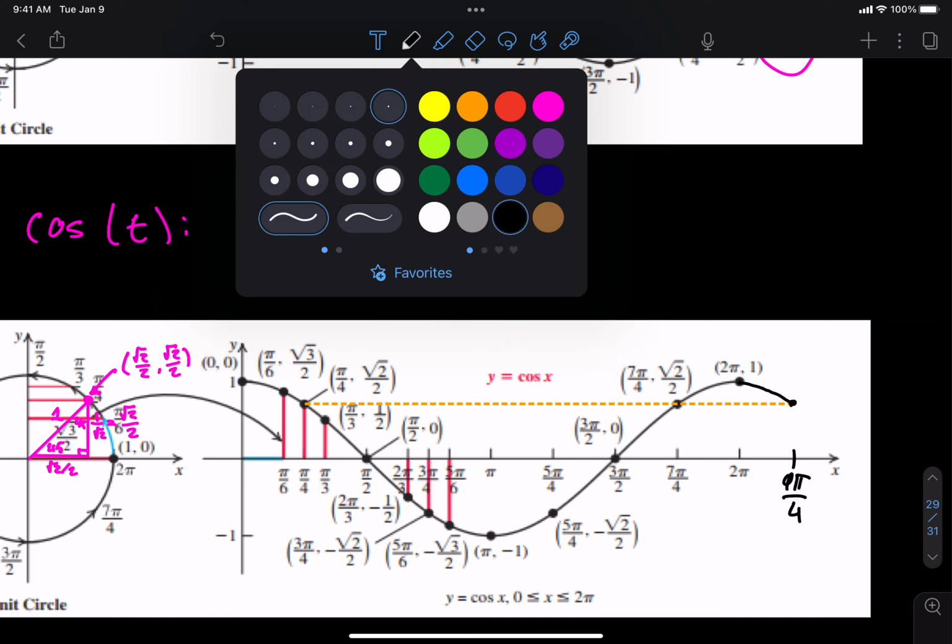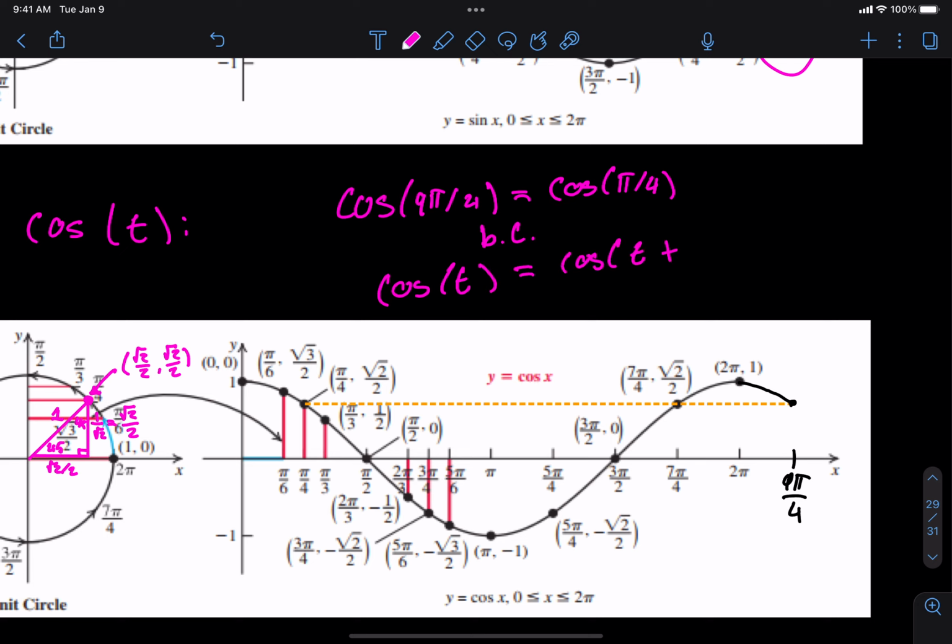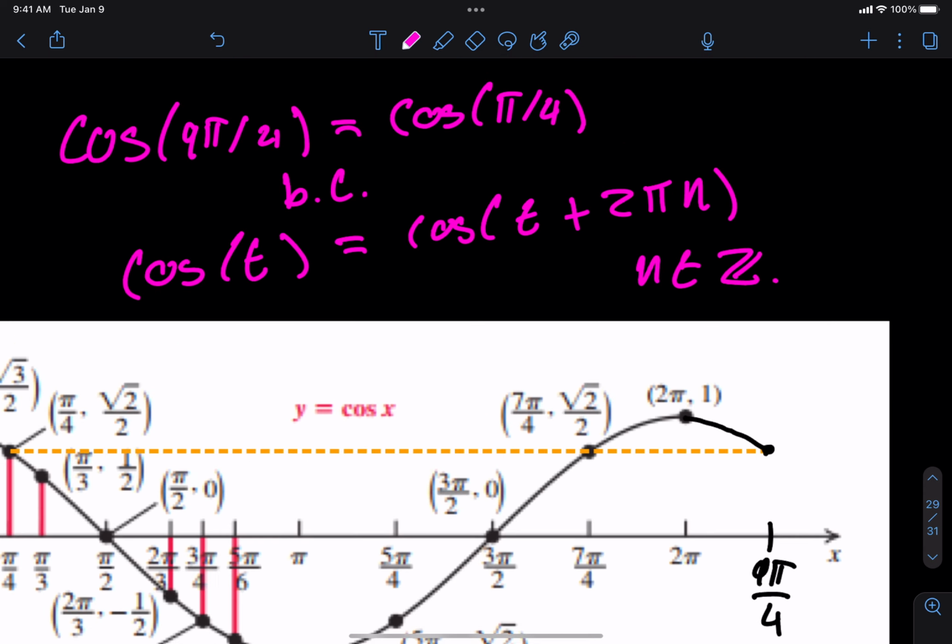So again, we have the same relationship, which is that cosine of 9 pi over 4 is equal to cosine of pi over 4. Why is that true? It's true because cosine of t for any t is equal to cosine of t plus any multiple of 2 pi, 2 pi n, where n is an integer. Any multiple of 2 pi.